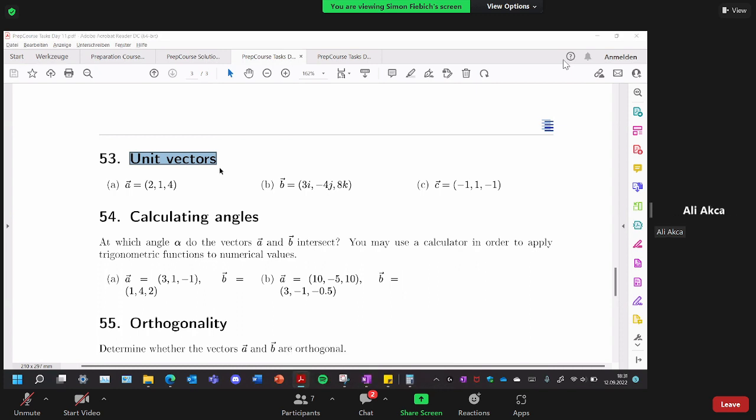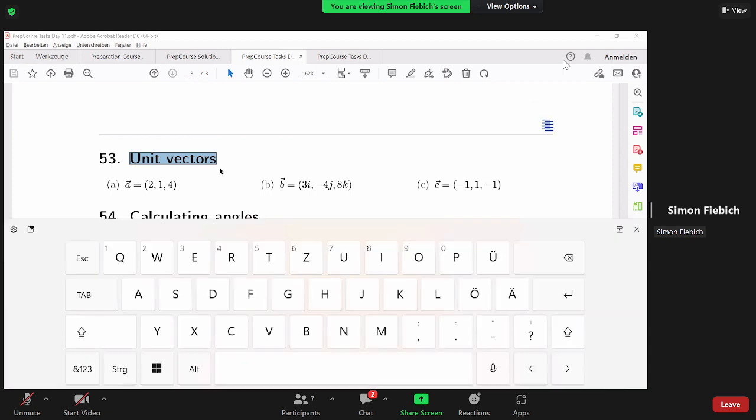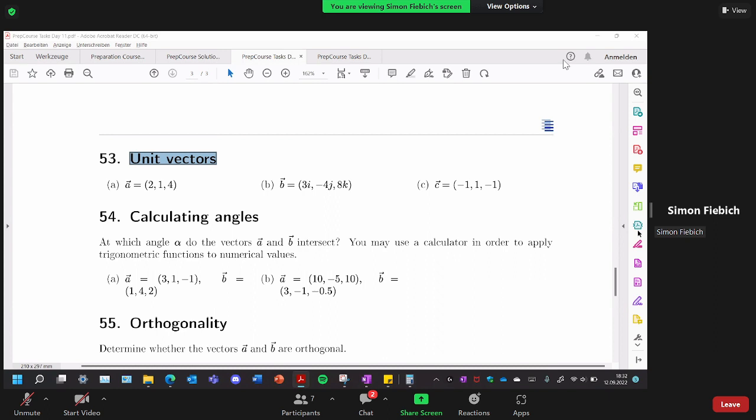Okay. It's written in the chat. I can't always see the chat, but I now opened it. So in the chat, there is a message saying that the magnitude of a unit vector, in German it's Einheitsvektor, is always 1.